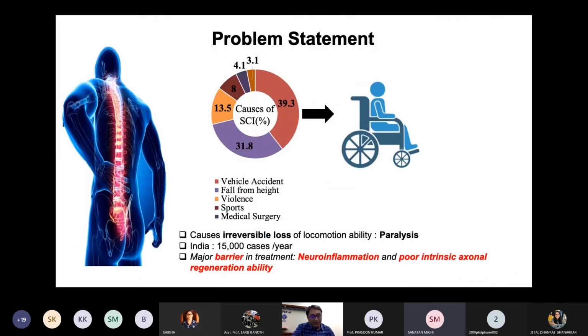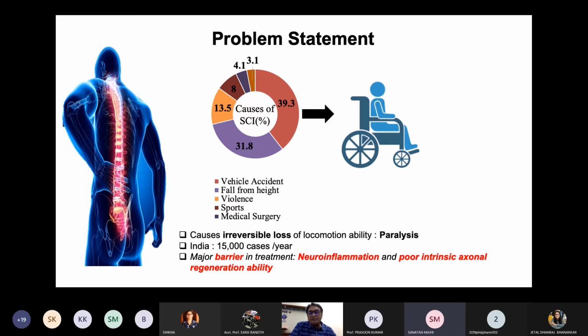Spinal cord injury is a very serious concern worldwide, and it also has a very high socioeconomic burden that significantly affects patients. A large proportion of people get injured during vehicular accidents, followed by falls from height and sports, and there are some reports of spinal cord injury happening during medical surgeries too.